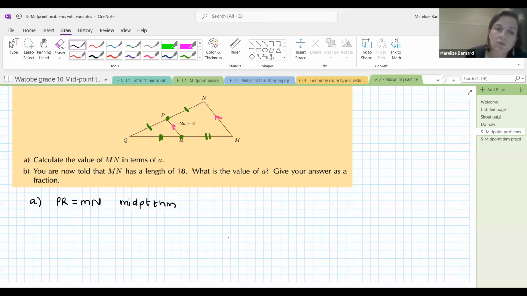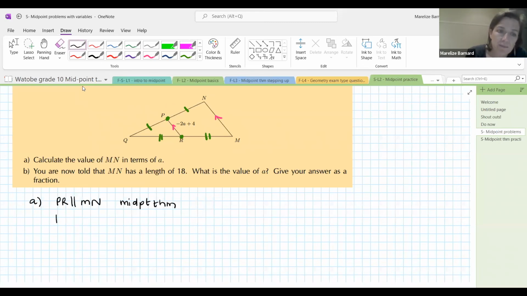Let's just write out the full proof with all its reasons, okay? So PR is parallel to MN because of midpoint theorem. And that's just because of what was given. P is a midpoint, R is a midpoint, so PR is parallel to MN.